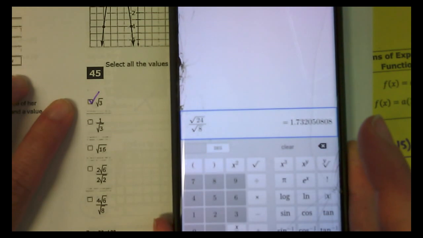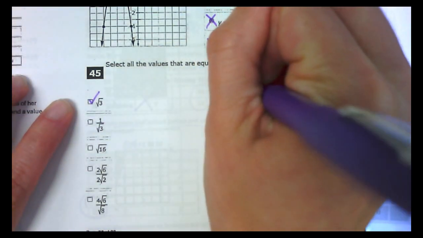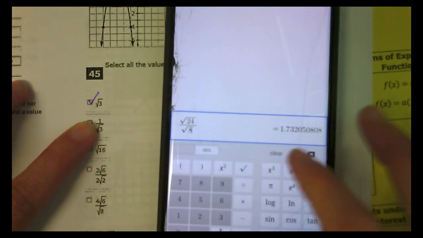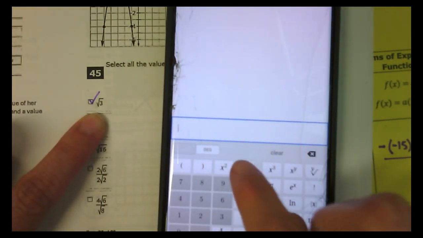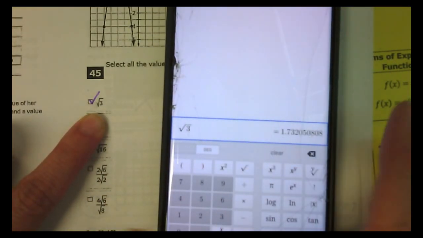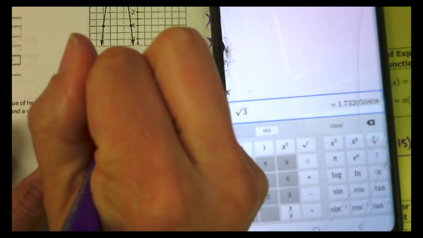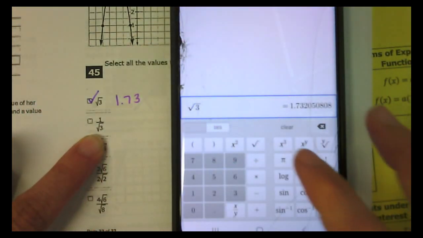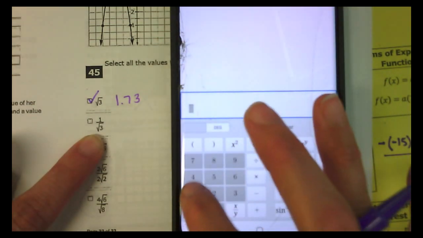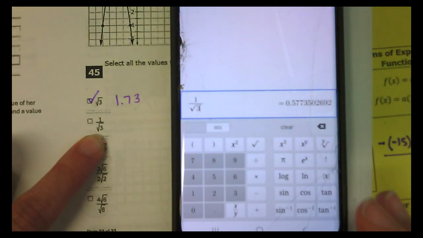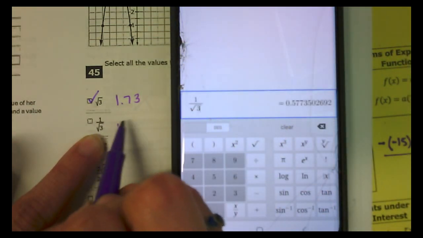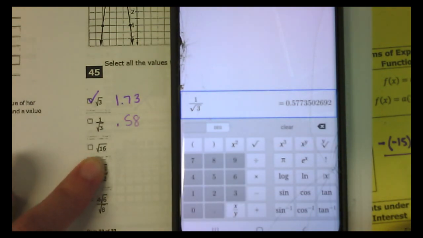You can type that in and I get 1.73 if I round. So I can go through my choices and type in square root of 3, 1.73. That's the same. This one, I have a fraction. There's a 1 in the top and a square root of 3 in the bottom. If I round, this is 0.58. So that's wrong.